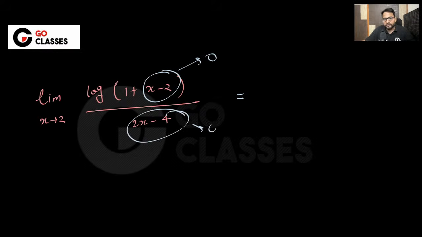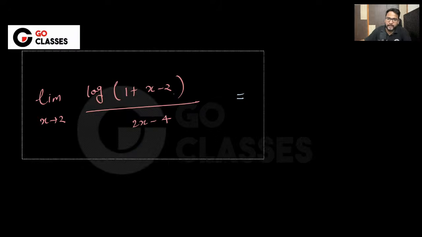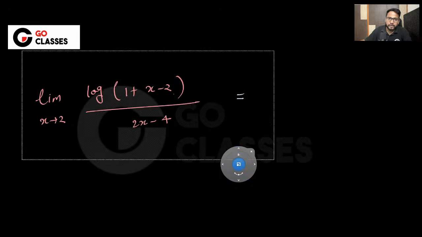Yes. So since 1 plus something going to 0 upon something going to 0, should it be 1? Tell me. I don't think so. It cannot be 1. Why? Because both functions are not the same. So you need to have both functions the same. That's why directly you cannot write 1.